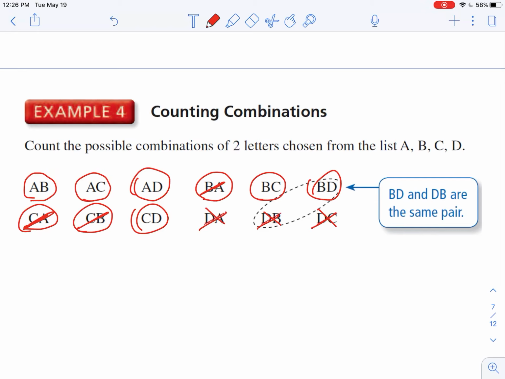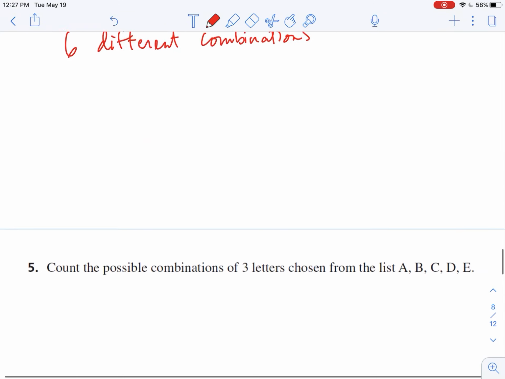So the total possible combinations of 2 letters chosen from letters A, B, C, and D would simply be 1, 2, 3, 4, 5, 6 different, and this is important to note, 6 different combinations where we're looking at 2-letter combinations considering A, B, C, and D. Now, let's take a look at a problem that sort of looks like this.